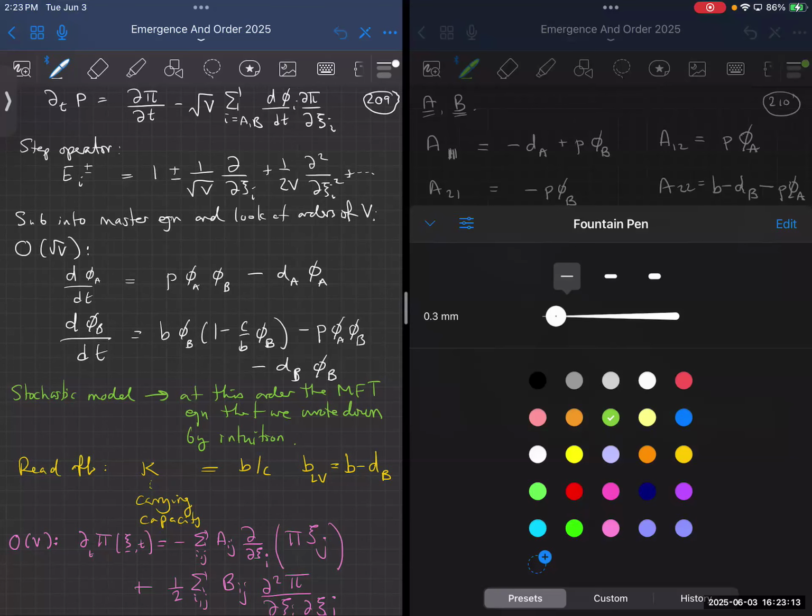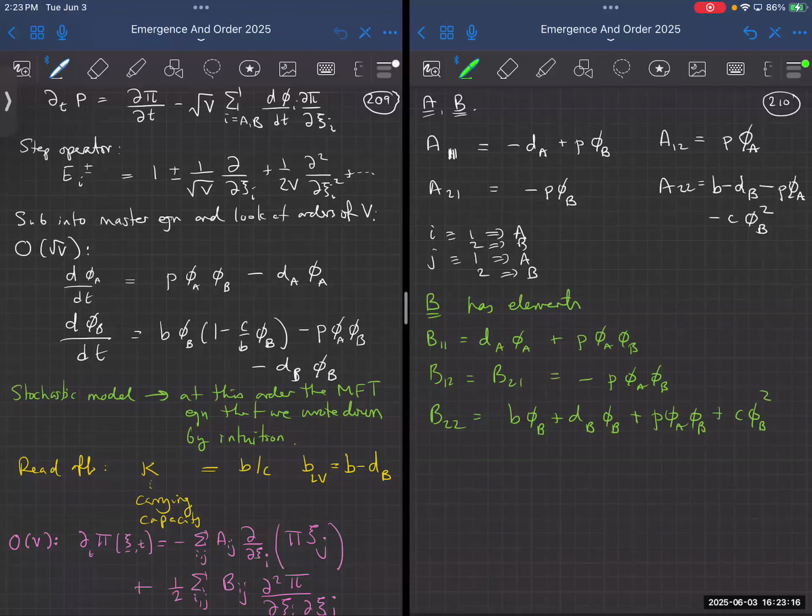Now, one thing you can see straight away is this. These matrices A and B, I have them now over on the left-hand side. Those matrices multiply the π and so on, and those matrices depend on φA and φB. So the equation for the fluctuations, the coefficients in that equation, depend on the solutions to the equation at the previous order in perturbation theory.